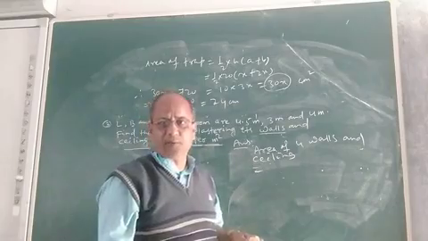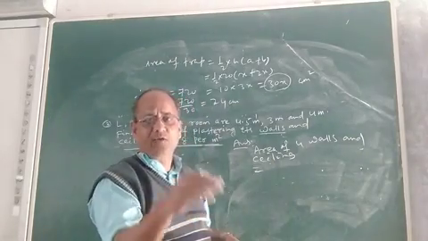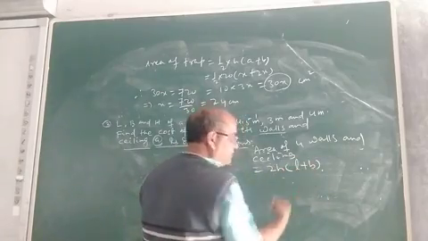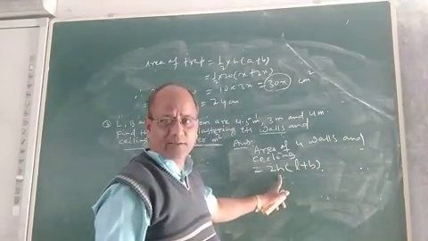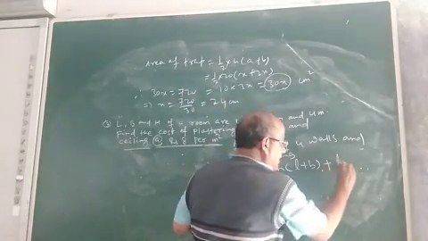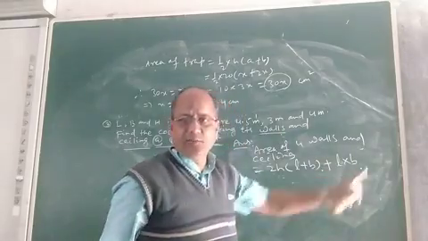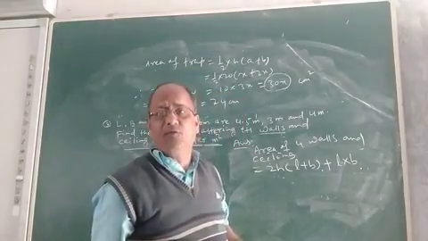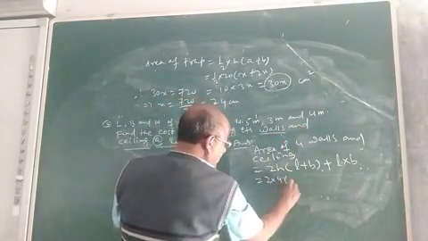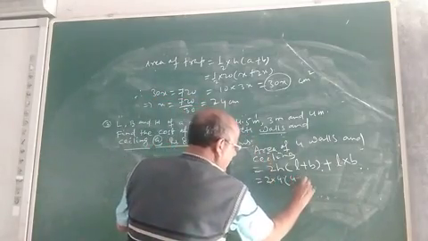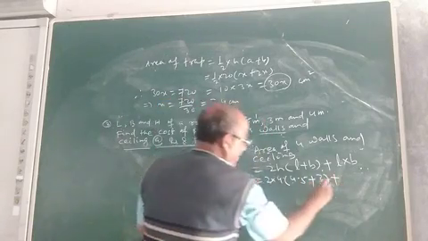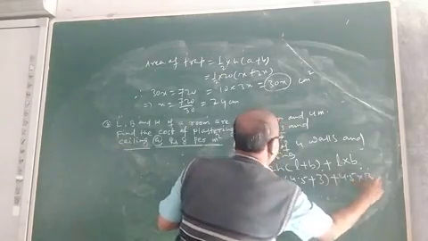Area of 4 walls, you know the formula, is the lateral surface area, which is 2H into L plus B. That means perimeter into height. Then the area of ceiling will be length into breadth, L into B. This is to be added with the area of 4 walls. Now put the values: 2 into 4 into L is 4.5 plus B is 3, plus L is 4.5 and B is again 3.